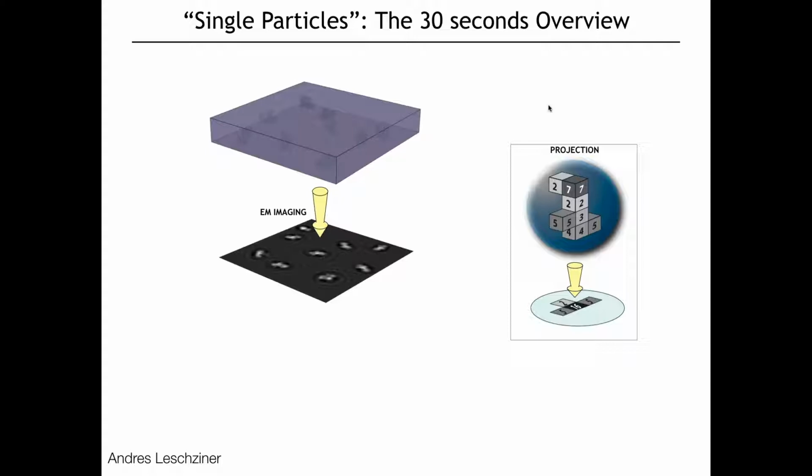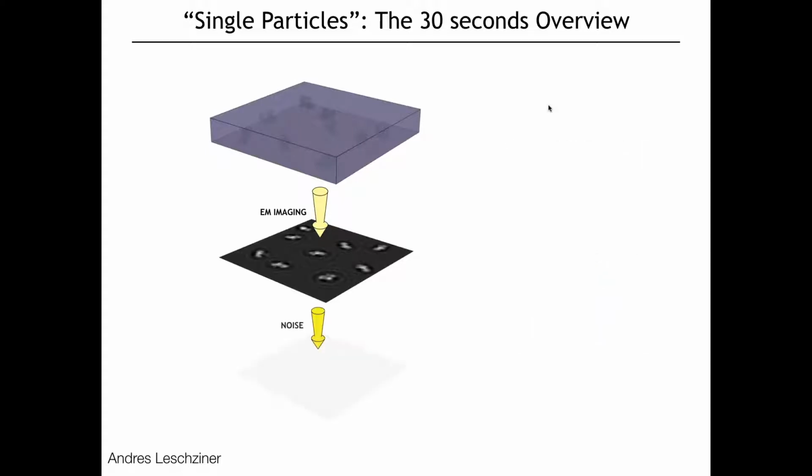But because we're recording projections, these projections do not necessarily uniquely describe the orientations. You might be recording a projection that could correspond to one of multiple different orientations, and then we can computationally figure out what the optimal orientations are.